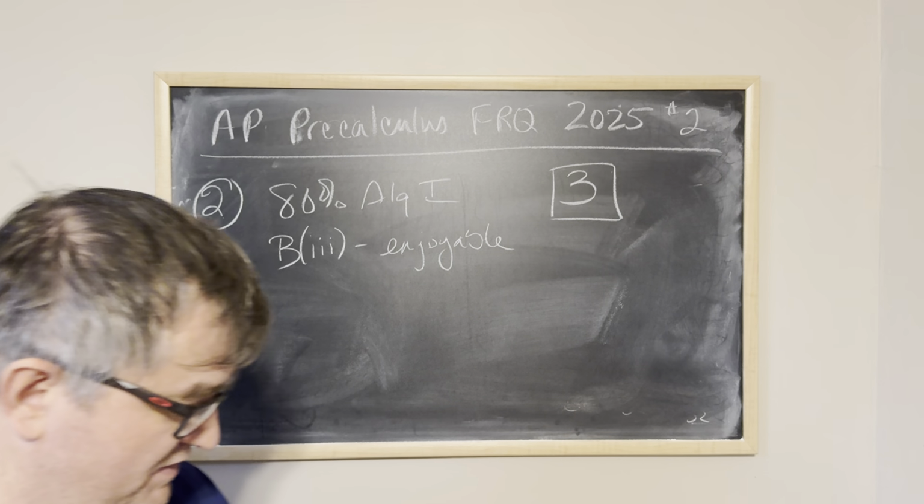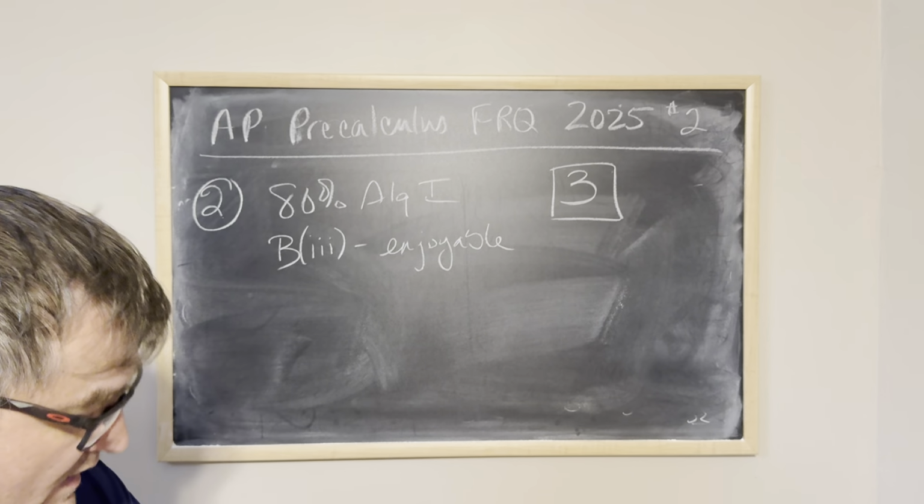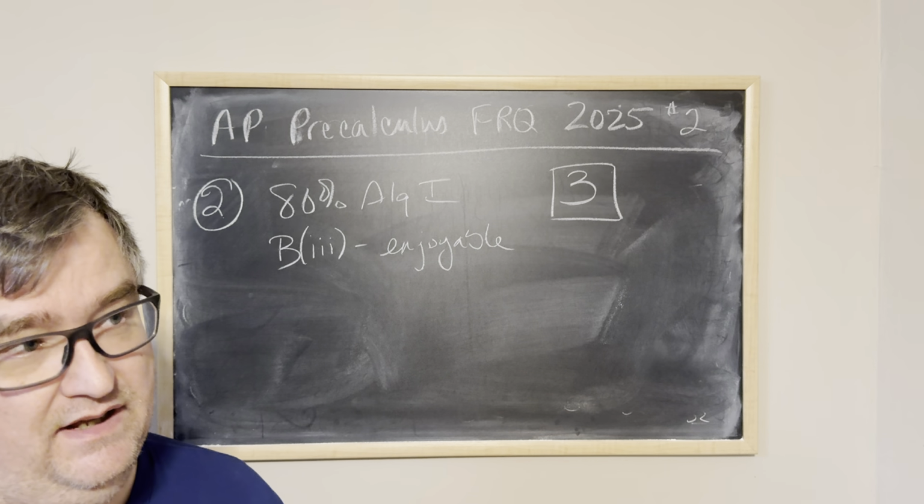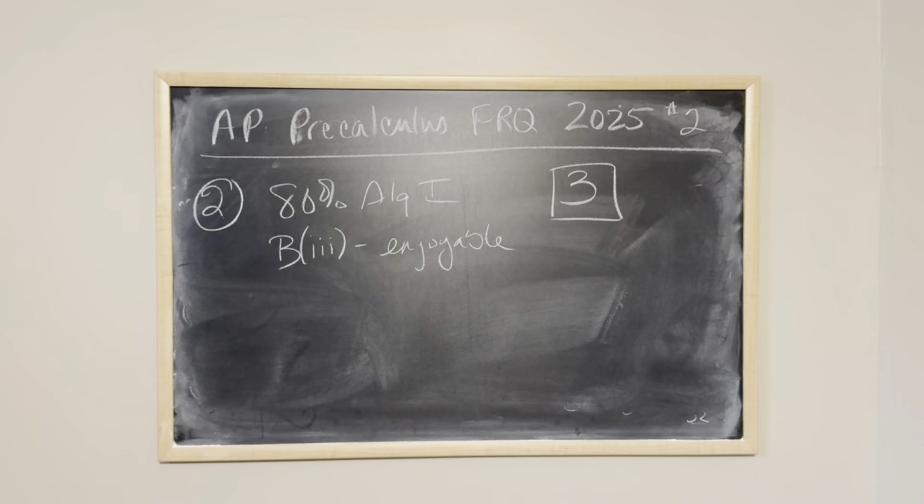And that's because so much of this is remedial. You're not even solving a proper 3-variable system here, because D of 0 solves itself in question A1.